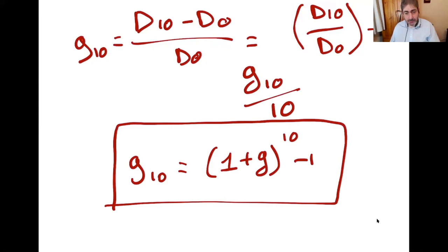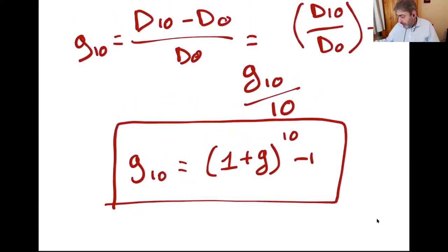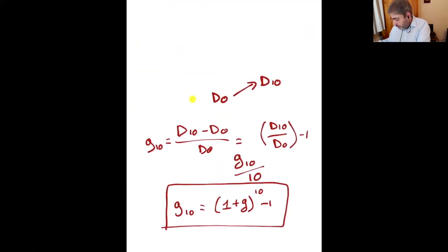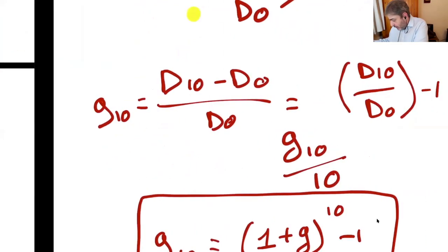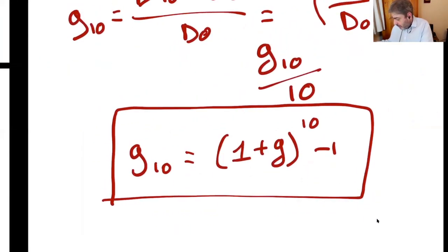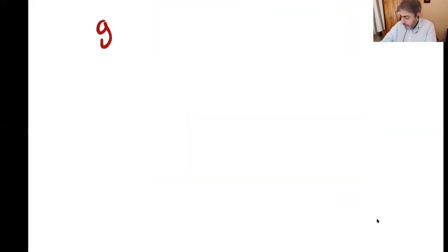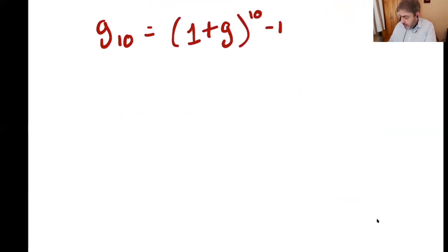Okay, and so here what we do is to say, I can't move too much. And so what we're going to say here is, let me open another page. If G10 is equal to (1 plus G) at the power of 10 minus 1, then G is equal to what?